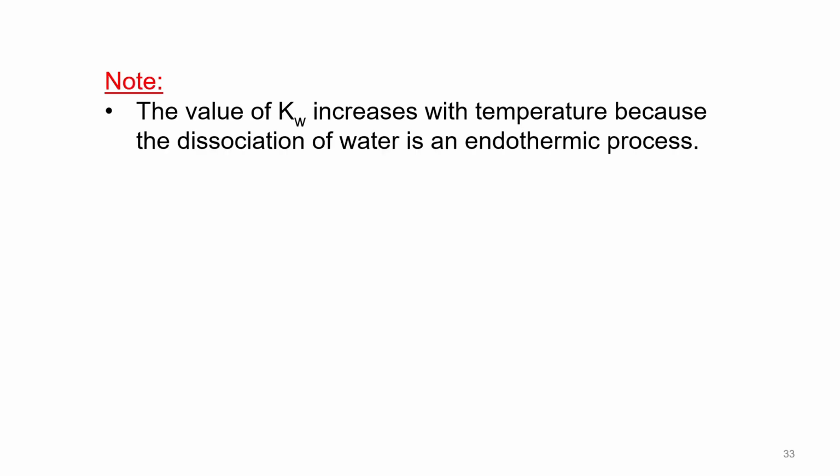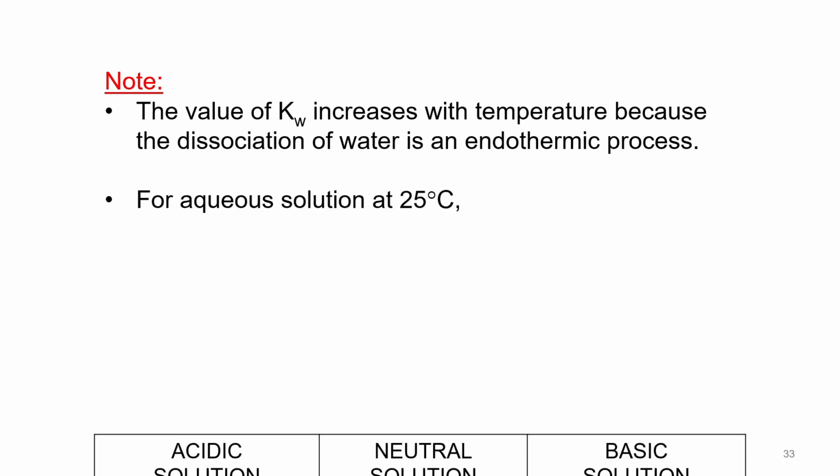Last time in chapter 6, we learned that only one effect changes the value of K, which is temperature. So Kw increases with temperature, directly proportional, because it is an endothermic process.